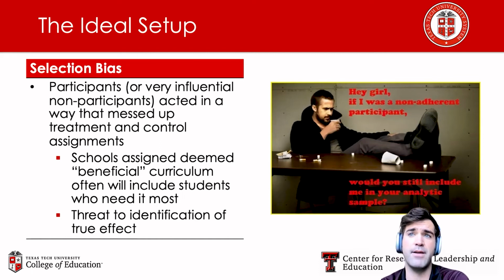Students from low-income households, students, if it's a reading curriculum, who are already struggling with reading. Schools may want to assign that curriculum to those students if they assume that the curriculum is going to be beneficial. And the problem with this is that when schools then have decisions about whether to assign a curriculum or not, we start to introduce selection bias into the experiment or the quasi-experiment here.